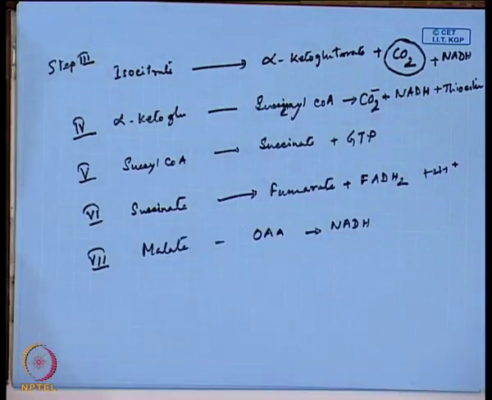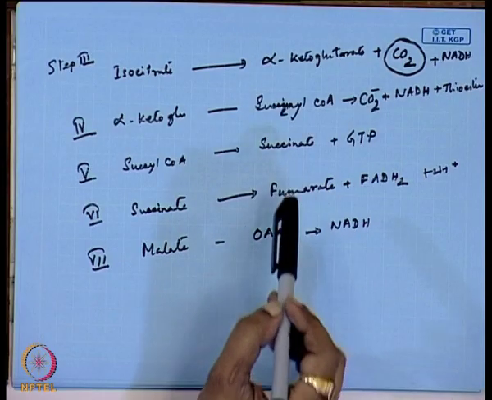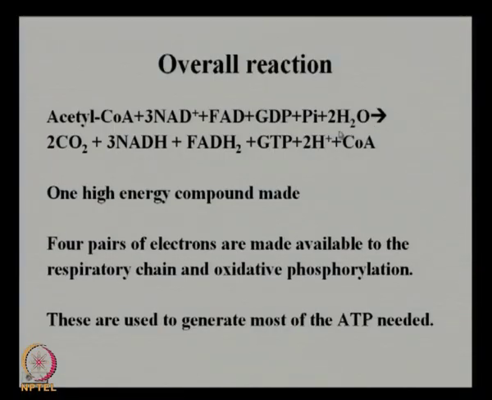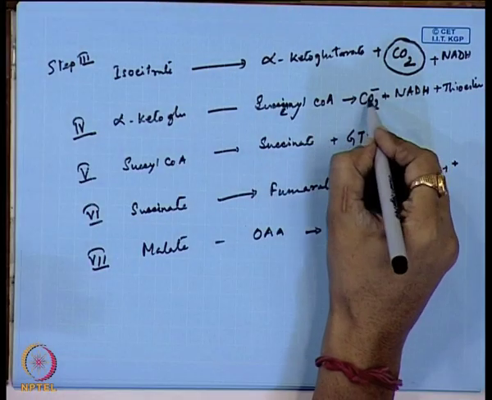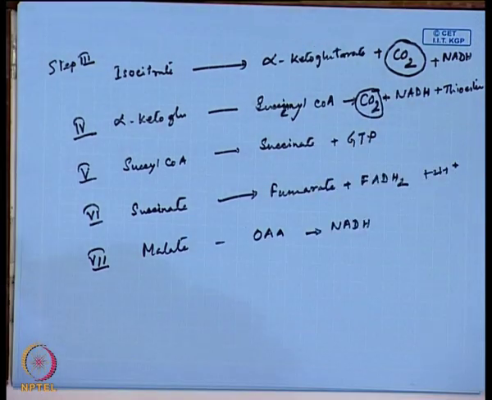That means 3 molecules of NAD are needed, 1 molecule of FAD, 1 molecule of GDP and Pi, and in the presence of 2 molecules of water it gives rise to 2 molecules of carbon dioxide. See, this is 1 carbon dioxide and this is another molecule of carbon dioxide.